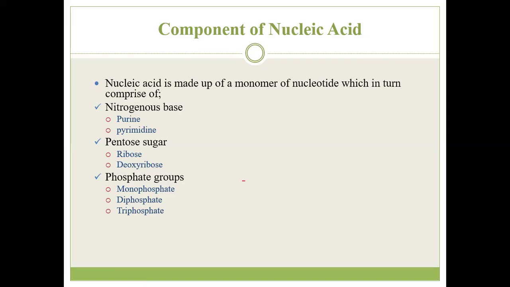Those that have 5 carbon are called pentoses. Those that have 6 carbon are called hexoses. Those with 7 carbon are called heptoses. Now, by saying pentose sugar, you know what type of sugar it is. It belongs to the pentoses, meaning a 5 carbon sugar.